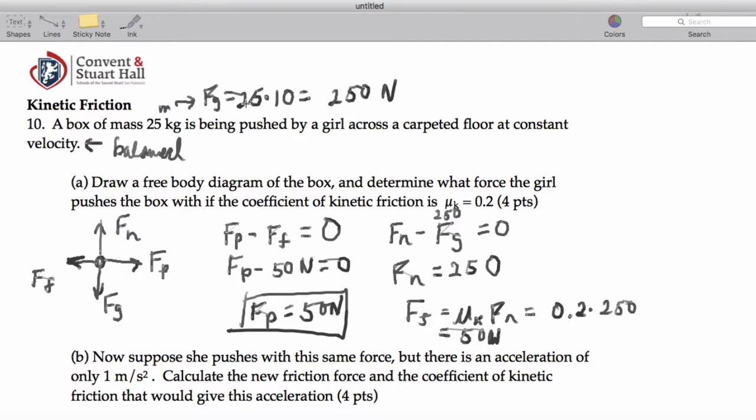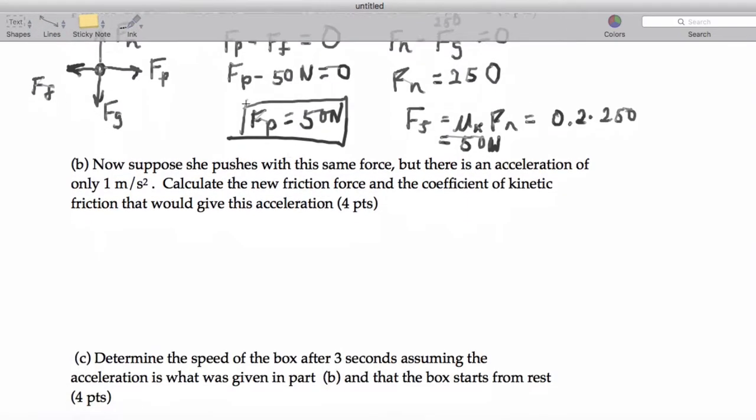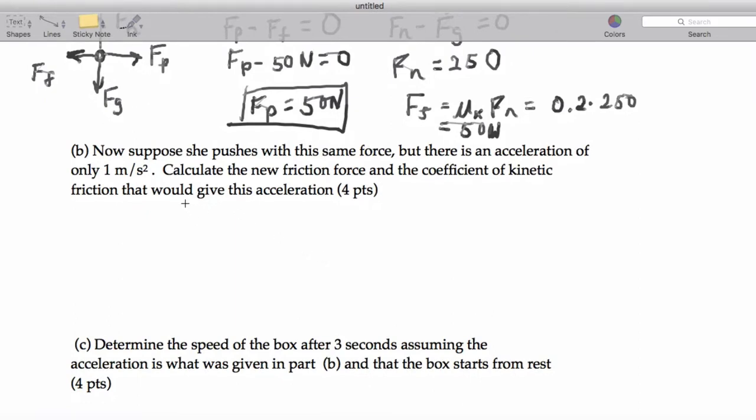All right, the next question we ask is what would happen if we push with the same force, but now we have a smaller acceleration? This tells us that the forces are not balanced anymore. So we do have the pushing force and the friction equal to m times a since we're not balanced.